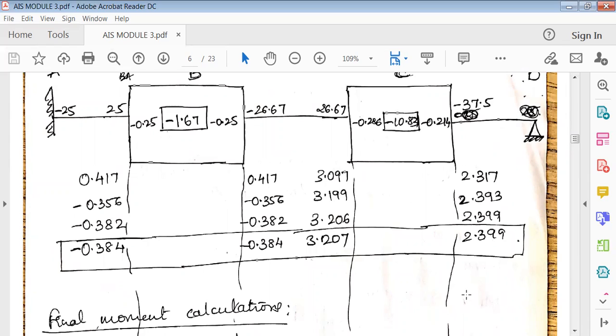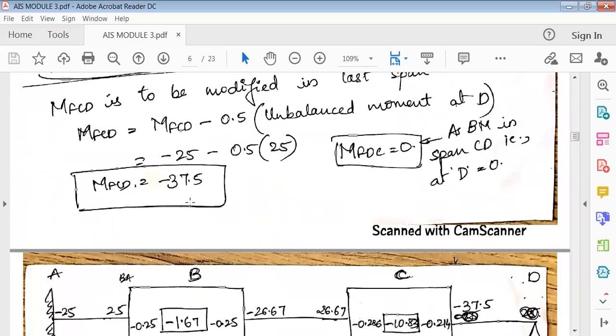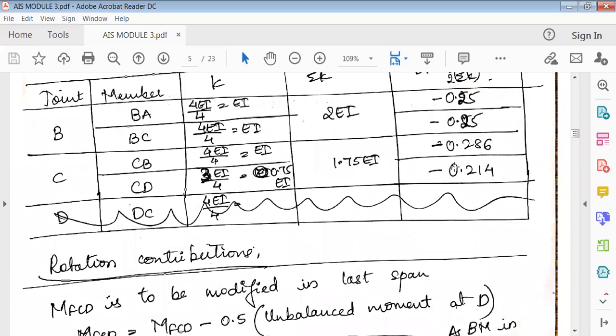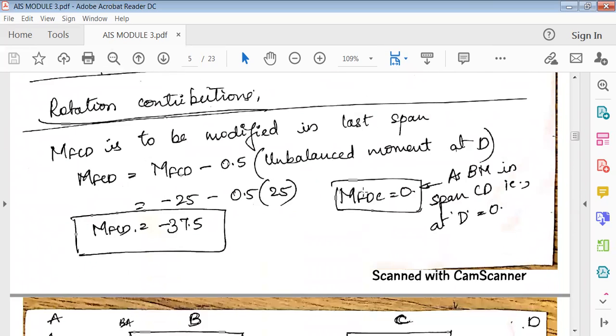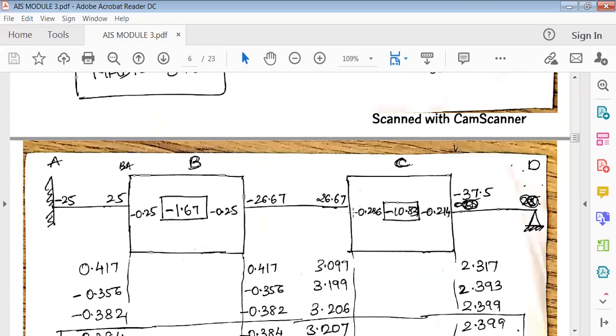Then as usual, start doing the iterations one by one. You have already calculated the rotation factors, so mark them here. In BA minus 2.5, BC also minus 2.5, then CB minus 2.86. CB you have to write in this portion, CD you have to write in this portion.